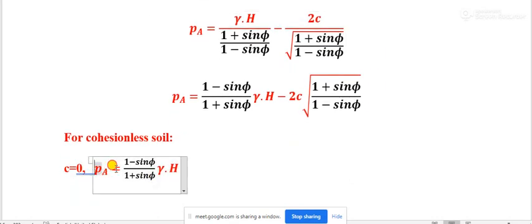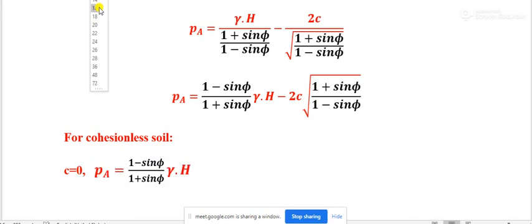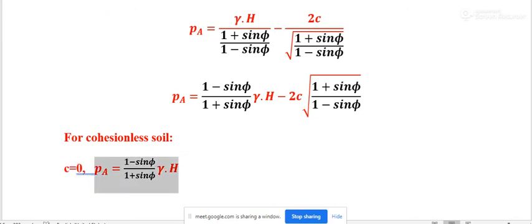This is the primary equation of active earth pressure for cohesionless soil, and this is for cohesive soil or where there is some value of c.